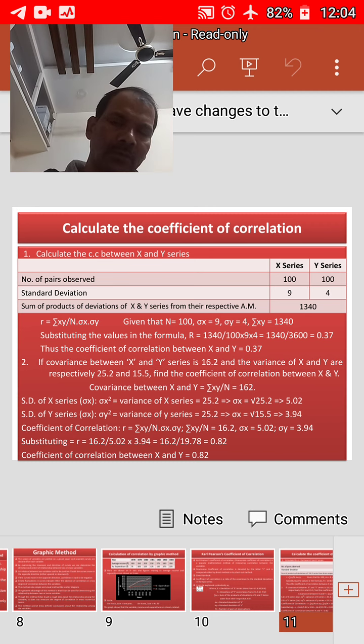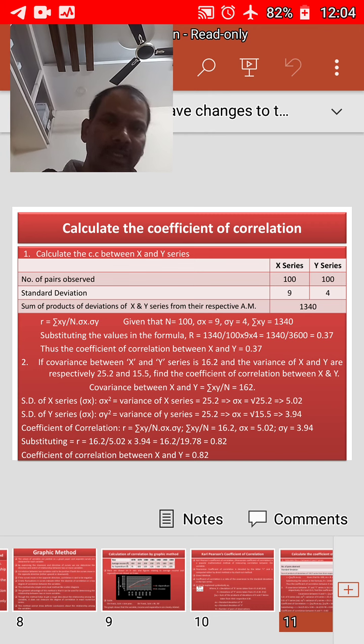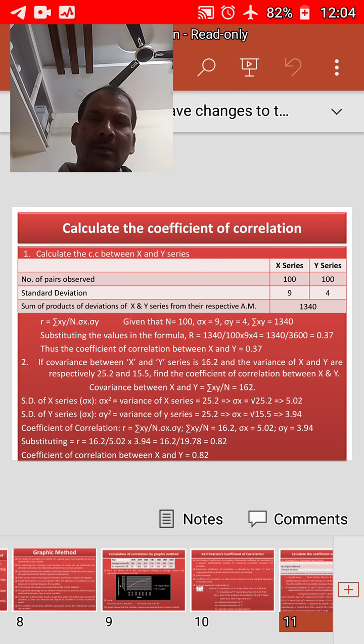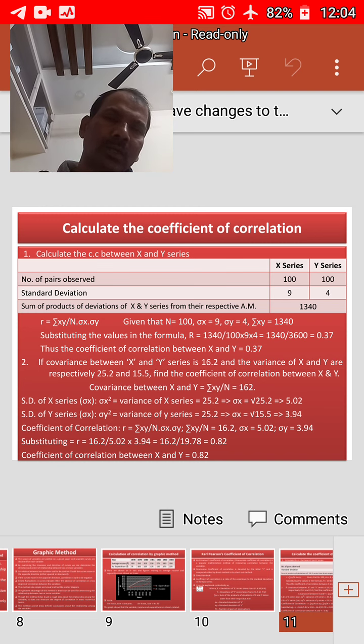Calculation of the standard deviation of x series, that is small sigma x, which is equal to the square root of the variance of x series. We are given that sigma x square is 25.2, which is nothing but the variance of x series. With that we can calculate sigma x, the standard deviation: sigma x is equal to under root 25.2, that is sigma x is equal to 5.02.